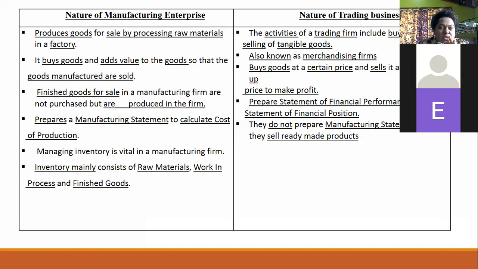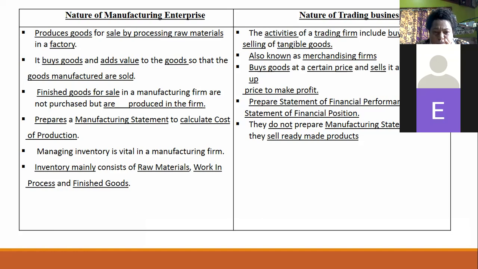Now those machines will turn those raw materials into work in process or work in progress, and it comes into its final stage known as the finished goods.